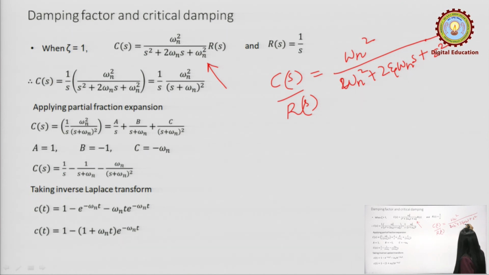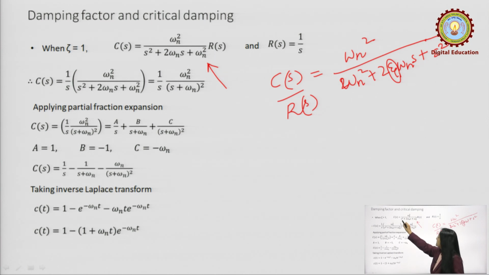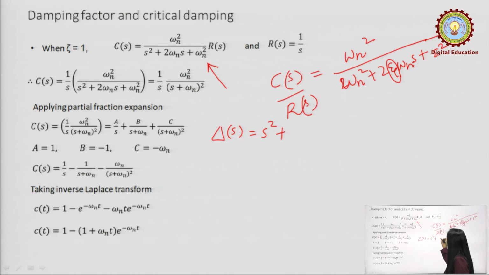Here, if you substitute the value of zeta as 1, and R of s is 1 by s. What is the characteristic equation of a second order system when zeta is equal to 1? It is delta s becomes s square plus 2 omega n s plus omega n square. And what are the roots here? S plus omega n, the whole square.